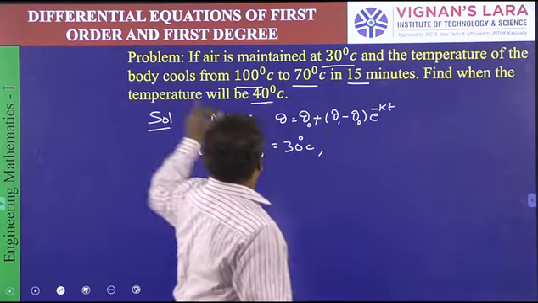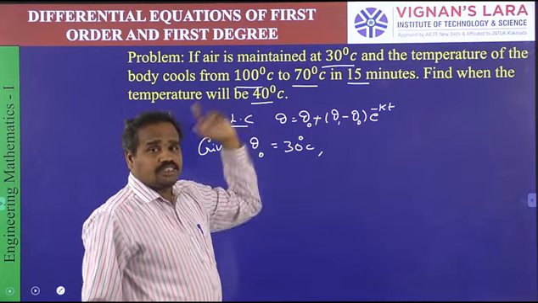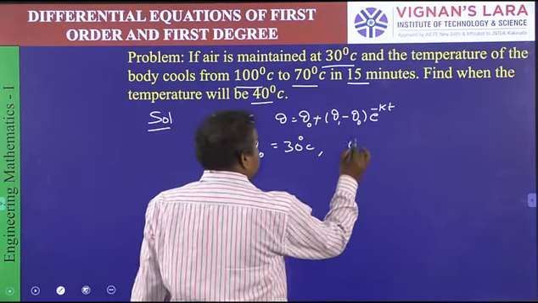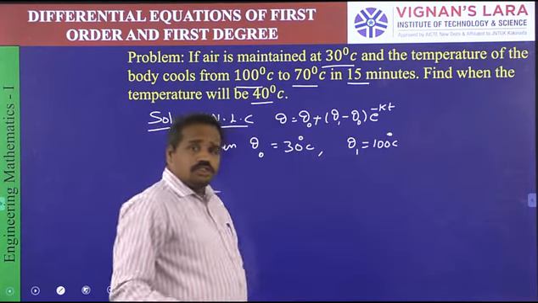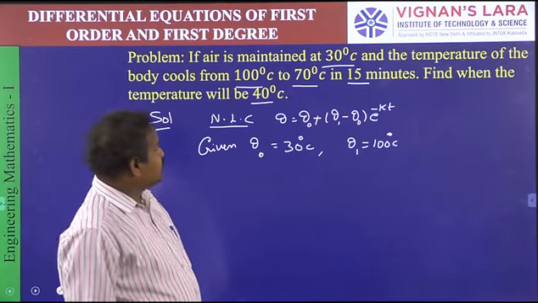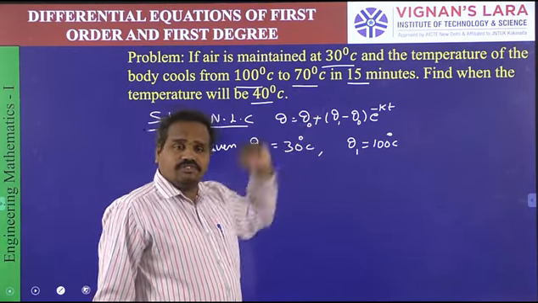And the temperature of the object cools from 100 to 70. So the initial temperature is 100. We know that the initial temperature is represented by theta 1. So theta 1 is equal to 100 degrees centigrade. And it reduces to 70 degrees in 15 minutes.